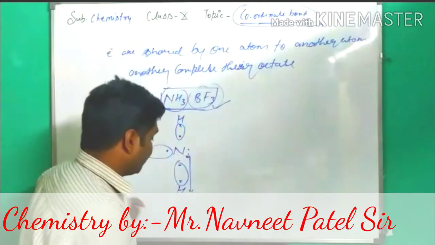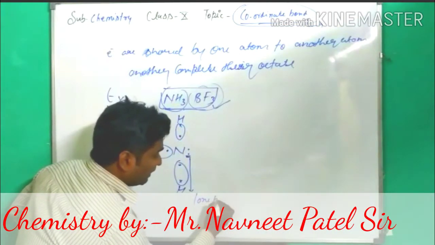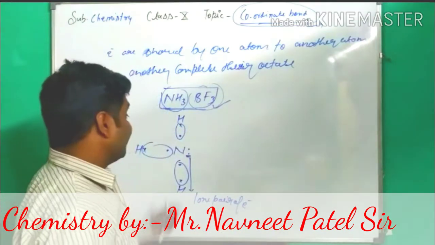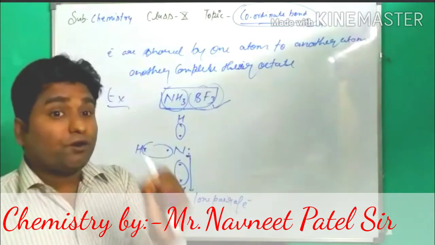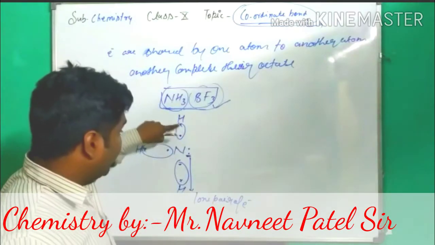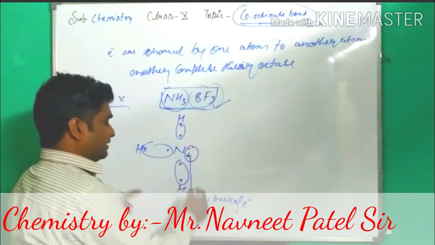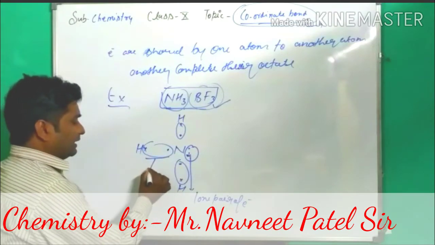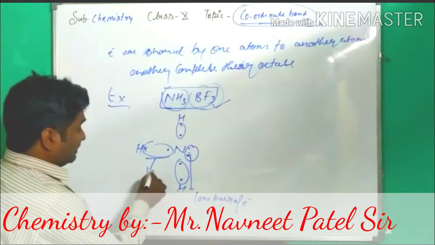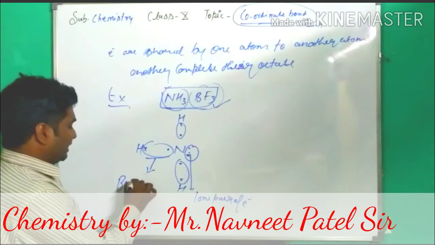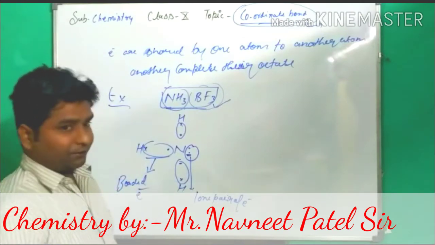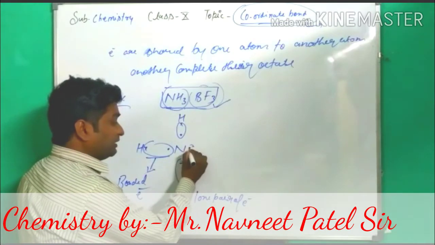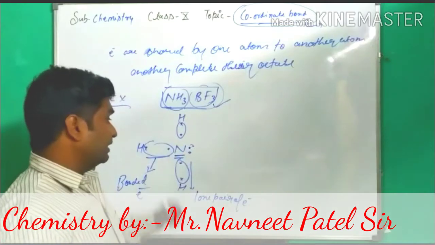Such type of electron is known as the lone pair of electrons. Is that clear? Those electrons which do not participate in the bond formation are called lone pair of electrons, and those electrons which take part in the bond formation are called bonded electrons. So one lone pair is present in the central atom, that means the nitrogen.